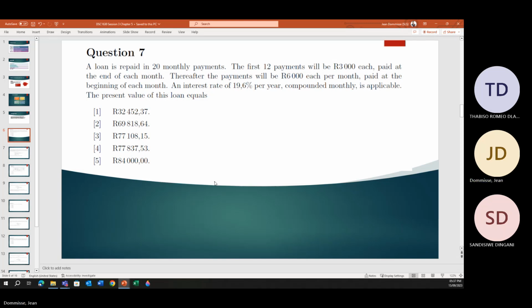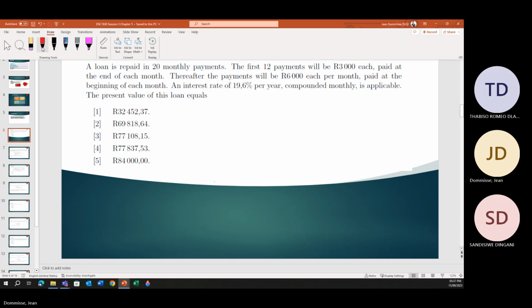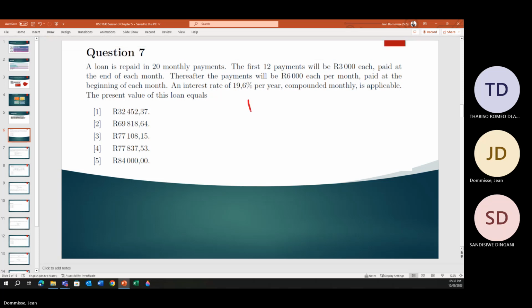Okay, so let's just draw a timeline. The loan is repaid in 20 monthly payments, the first 12 months, each 3,000 Rand, paid at the end of each month.